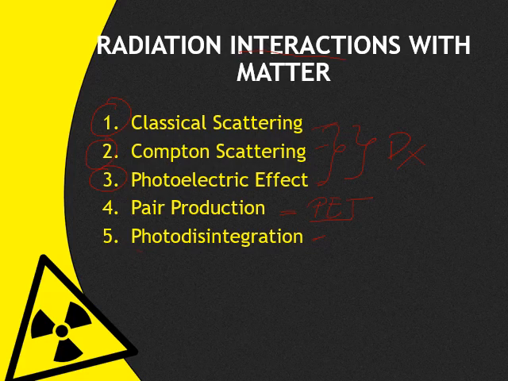So classical scattering usually occurs if the energy of the radiation is approximately less than 10 keV. If you remember your previous lessons, the energy in our field is expressed in electron volts.